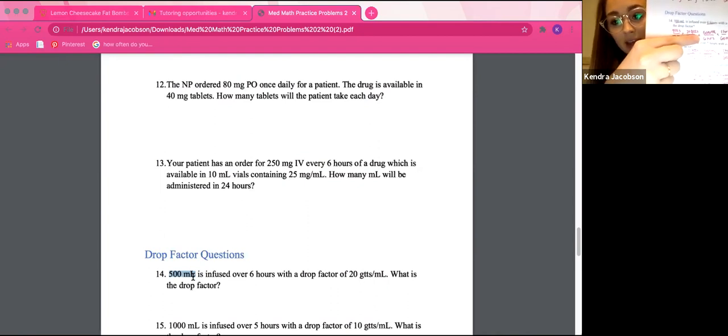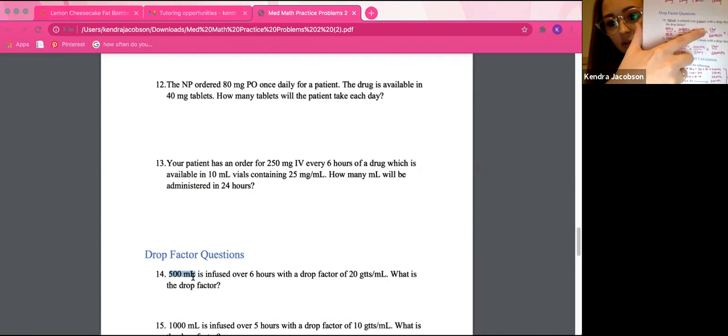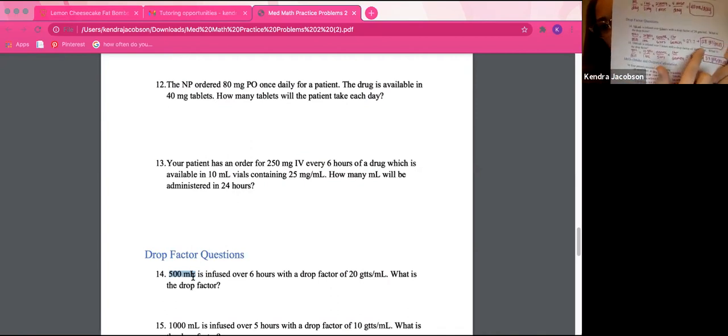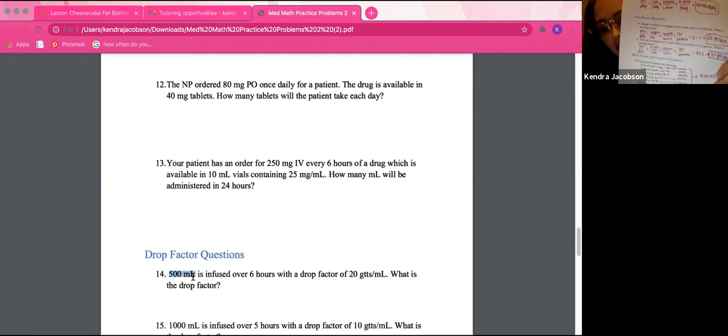So by knowing that, we know that we need to get to minutes. We're going to get rid of that 6 hours by using our conversion factor of 1 hour over 60 minutes. And then essentially you multiply across the top, multiply across the bottom, and then divide the two to get your answer of 28 drops per minute.